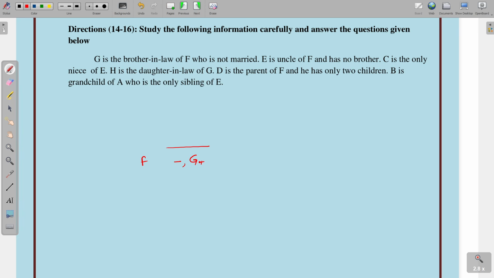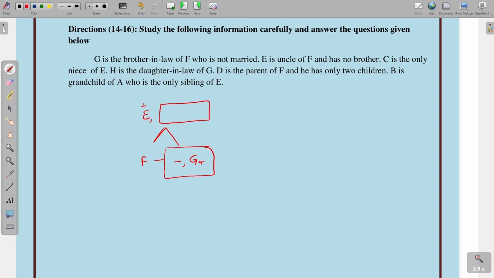This sister is married to G. And next, this person and F are both siblings. E is the uncle of F and has no brothers. So E is the uncle of F, and no brothers in the sense both this person and F have parents and an uncle, which means E is placed here.